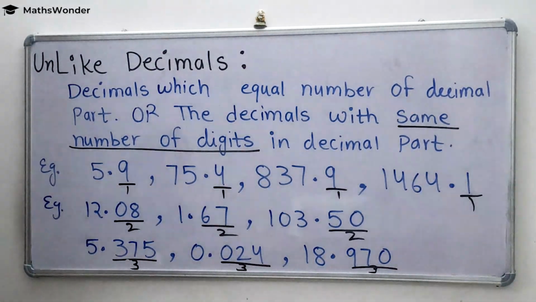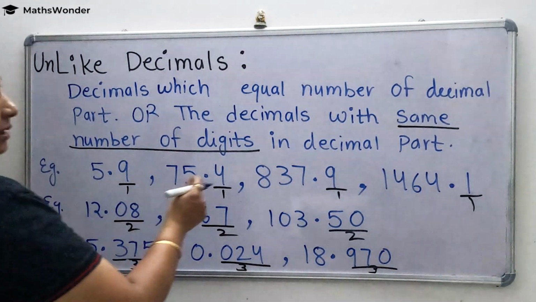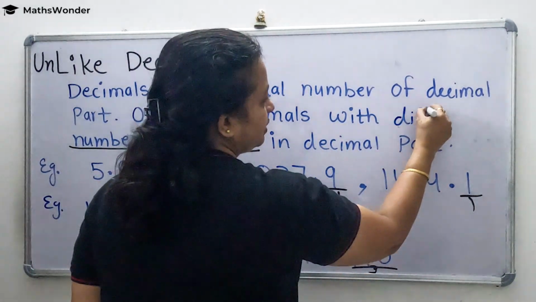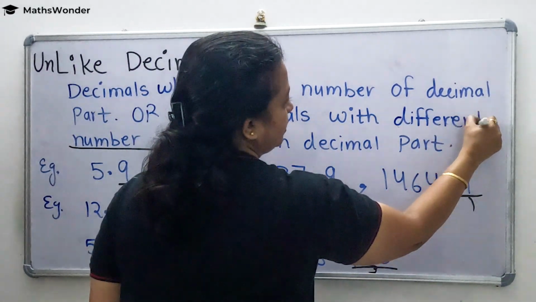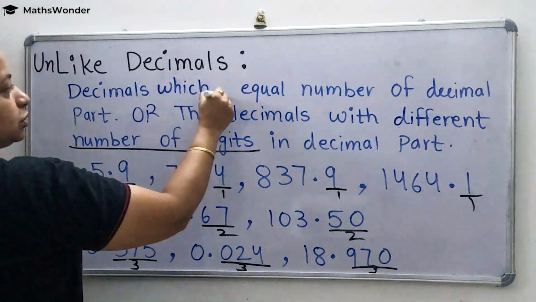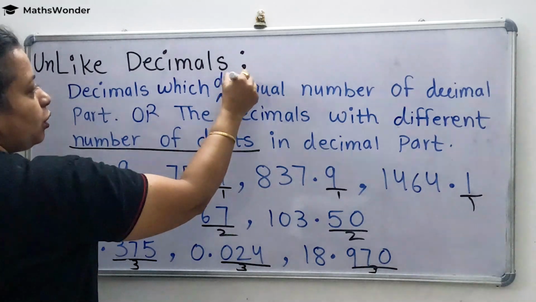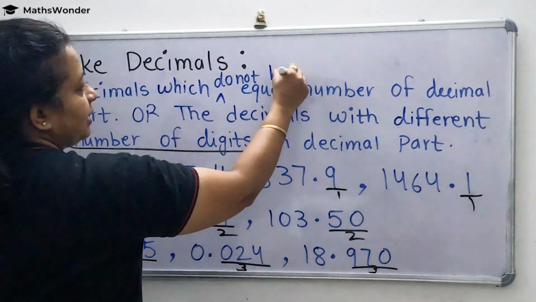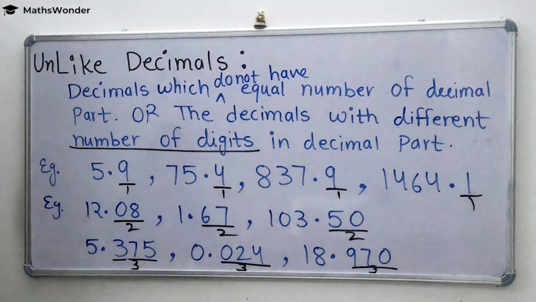The decimals with a different number of digits in the decimal part.